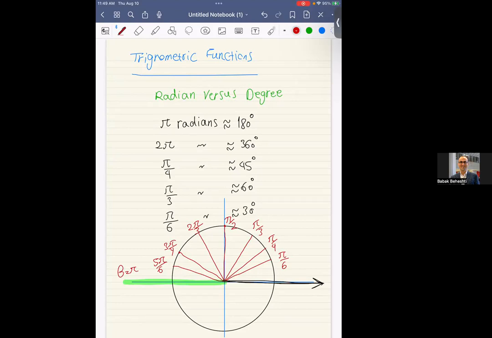If you add pi over 6 to pi, you get 7 pi over 6, which is this angle. So this is 7 pi over 6, which is basically pi plus pi over 6. And then pi plus pi over 4 is 5 pi over 4. And then pi plus pi over 3 is 4 pi over 3.